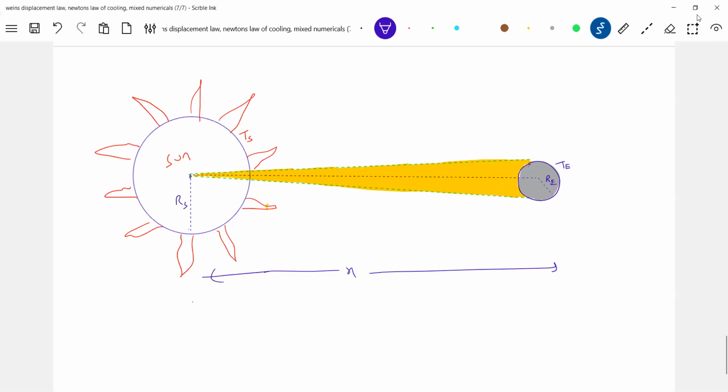What actually happens, the earth will be receiving radiation like this. Let me put it here. And in turn, receiving, I'll put green color. We made a practice. And in turn, the earth will also radiate. Then only the temperature of the earth will be in equilibrium.